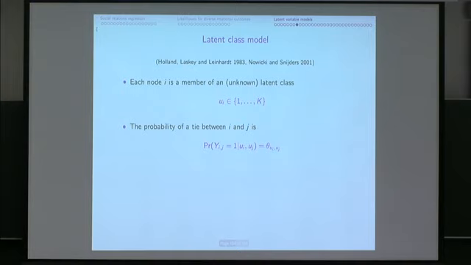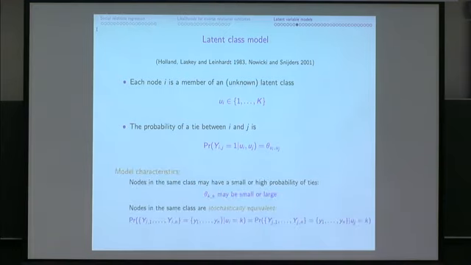And so the idea here is you want to estimate the classes of the nodes and the between class rates of ties. And so in this model, nodes in the same class can have a high or small probability of ties. So the within class rate can be large or small.